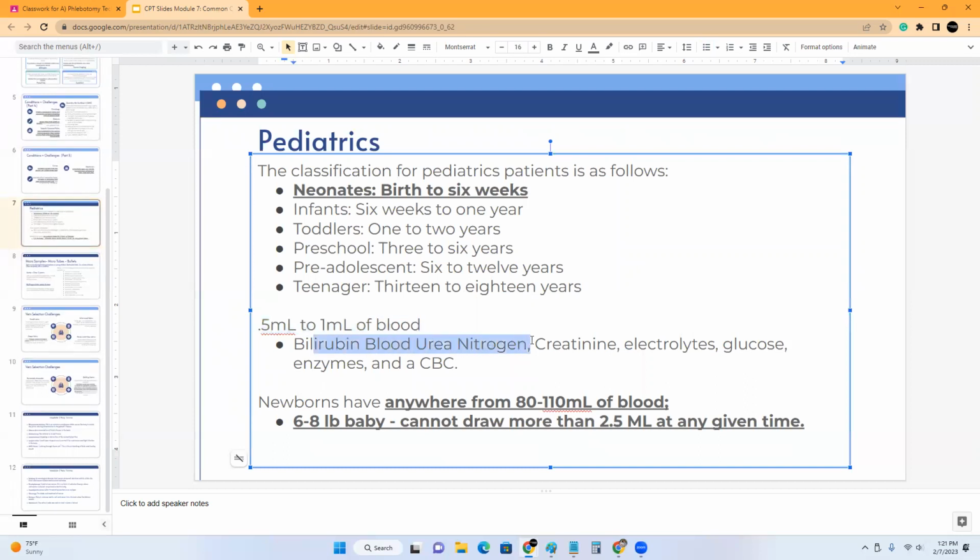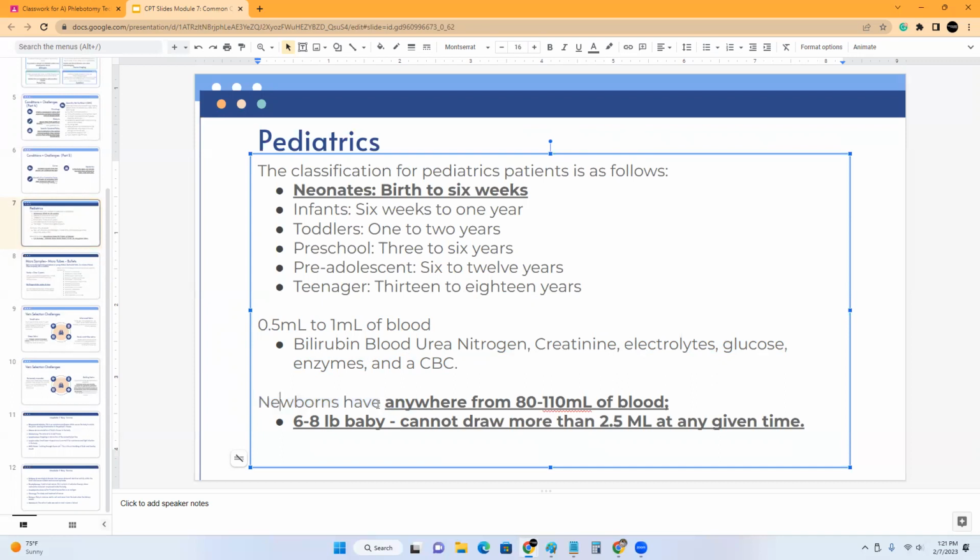Bilirubin, blood urea nitrogen, creatinine, blood glucose, enzymes, and a CBC are very frequently drawn. You only need 0.5 to 1 mL of blood for these tests. Newborns are limited in the amount of blood that you can take from them.